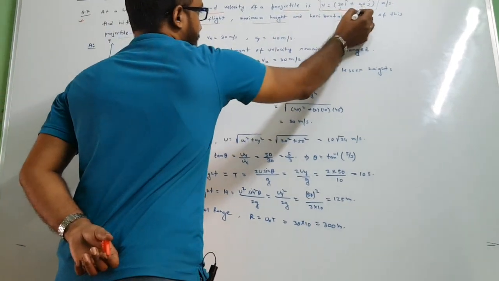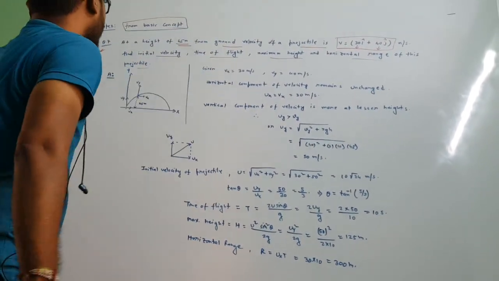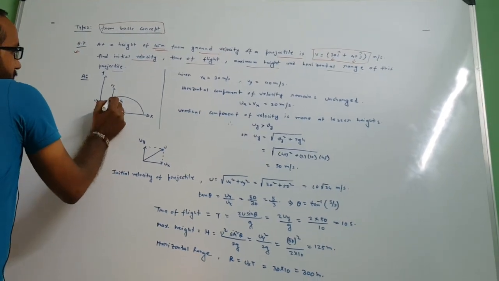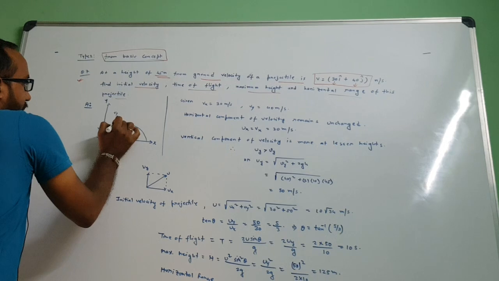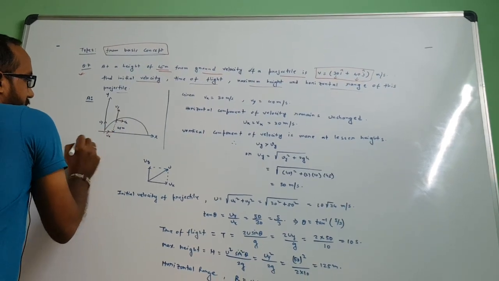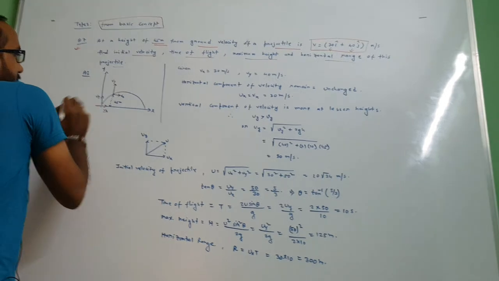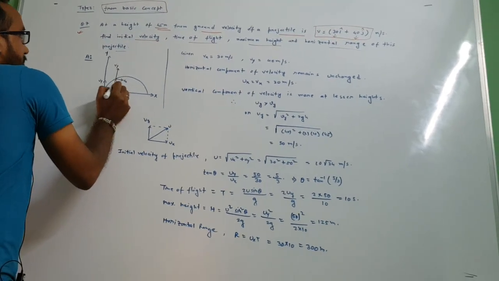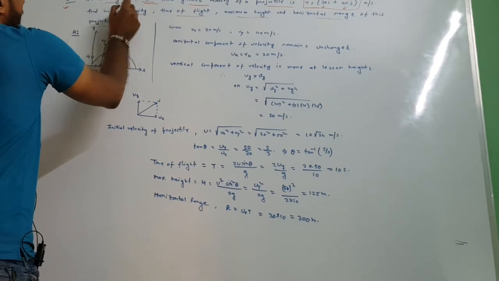Here it is vx and vy. From this you have to find the initial velocity, this is the final velocity. So let us say the object is at this position where this is vx and this is vy. And let us say the initial horizontal component is ux and vertical component is uy. This height is given in the question, at a height of 45 meter.